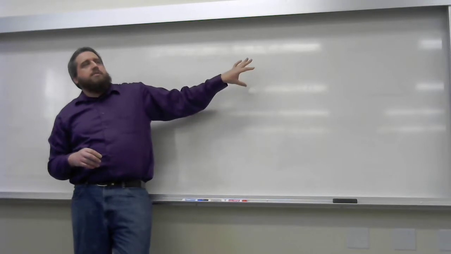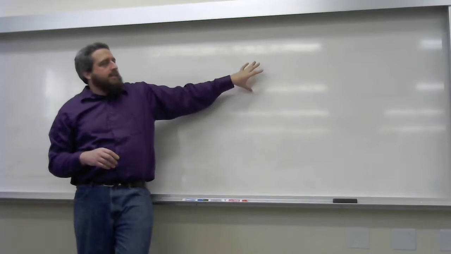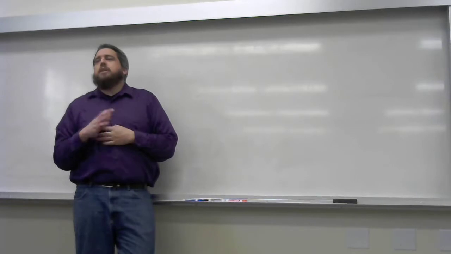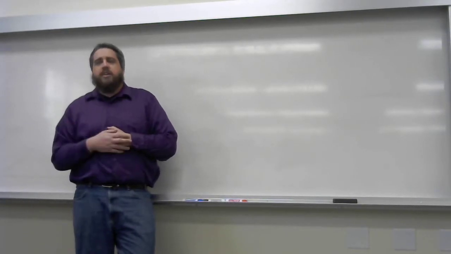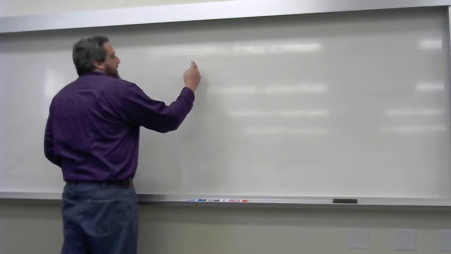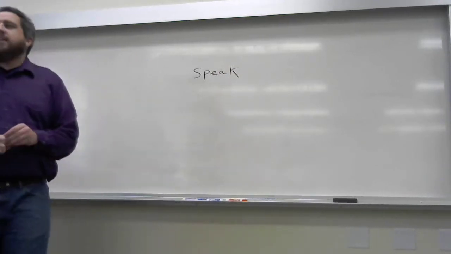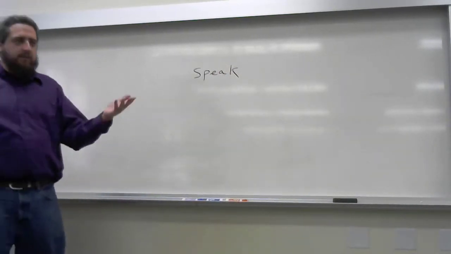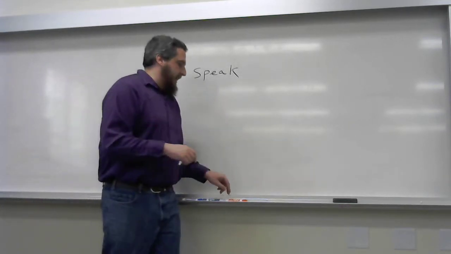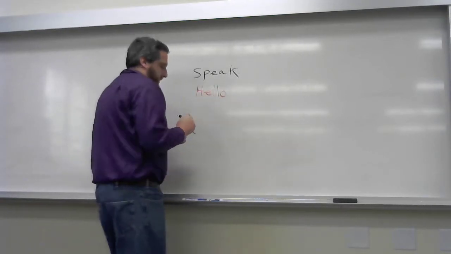Can you think of, instead of a C line, let's think of a Java line, because the C line is going to be weird. Let's think of a Java line that would print something if the user types one particular string. So let's suppose the user types speak, and let's make it so the program responds. If in Java, let's write the Java program such that if they type speak, it responds hello. So after the user types speak and hits enter, the program should say hello. How would you write that in Java?